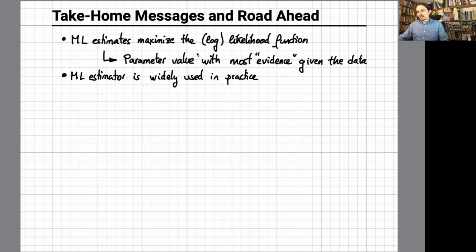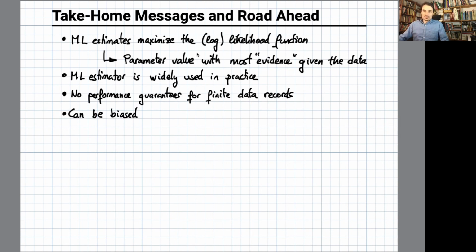We also said that the ML estimator is extensively used in practice, despite the lack of performance warranties for finite data sets. Besides, it can even be biased.